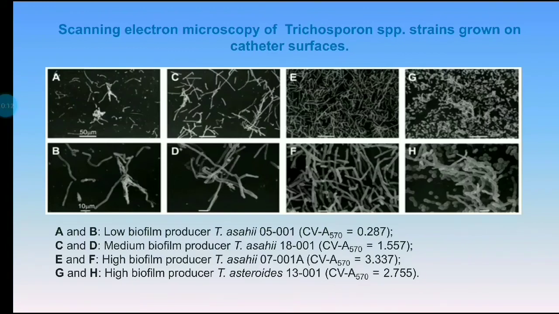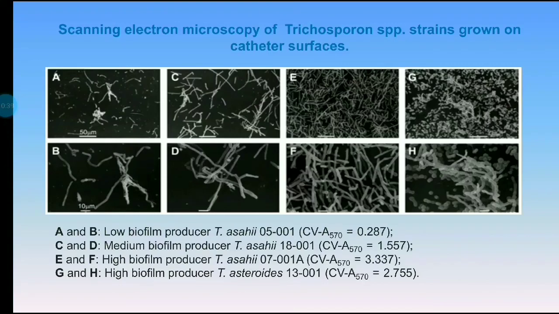In this picture, we can see in the box, letter A, for example, is initiation of biofilm formation. You can see letters A and B are low biofilm producers, then C and D medium biofilm producers, and letters E, F, G and H high biofilm producers.